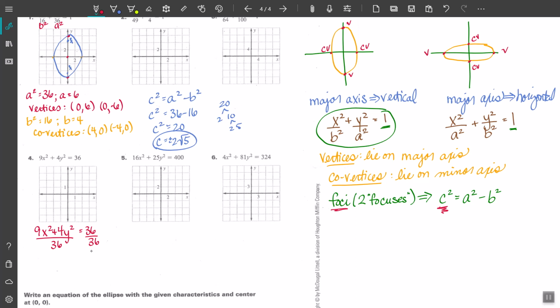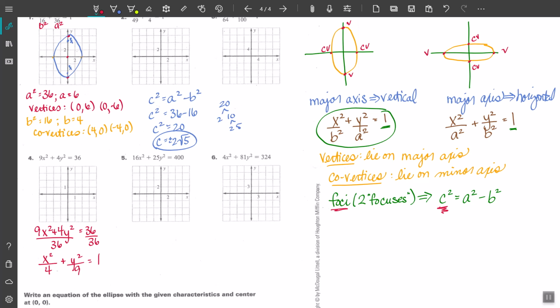So if I divide by 36 on the right, I've got to divide by 36 on the left. So here I've got 2 fractions. You know, I need to say 9x squared divided by 36. If I reduce the 9/36, I'll get x squared over 4. And then I'll do the same thing here. 4y squared divided by the 36 will give me y squared over 9. And then I have 1 here.